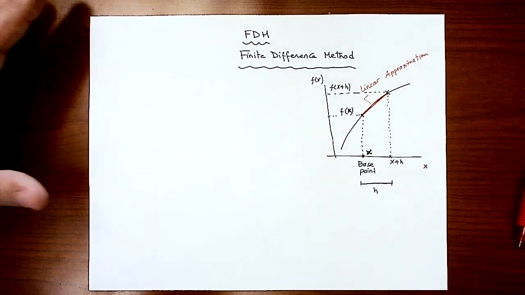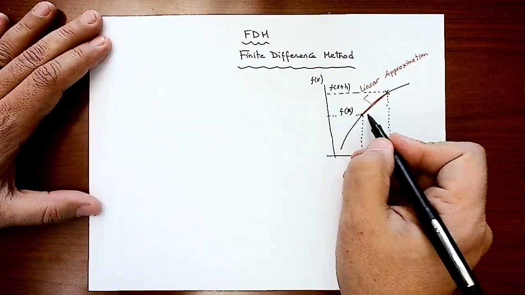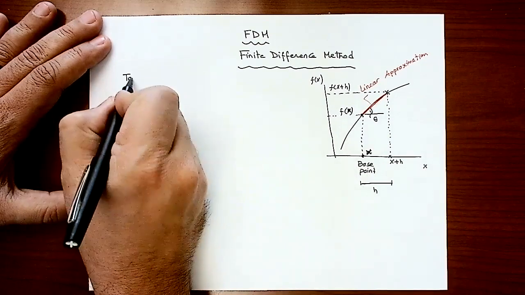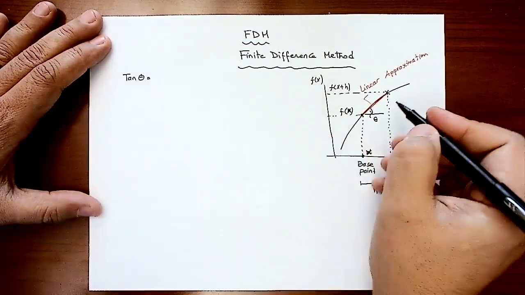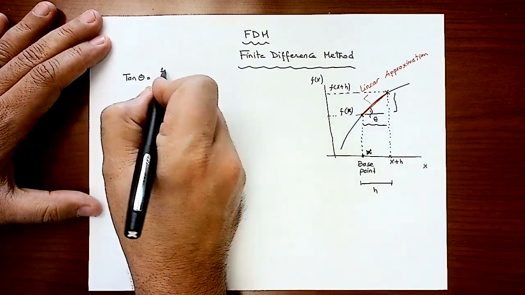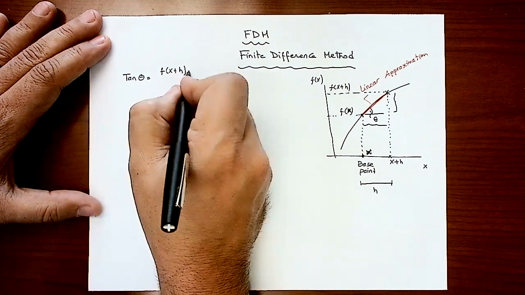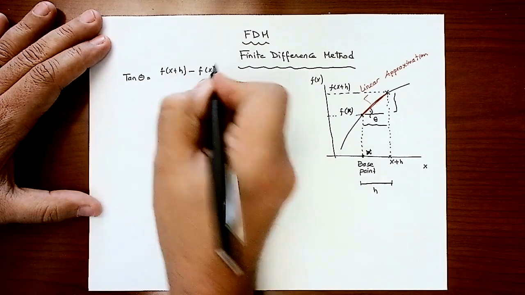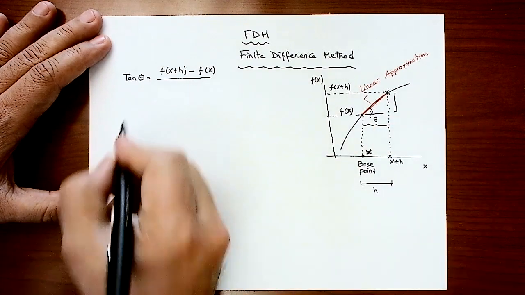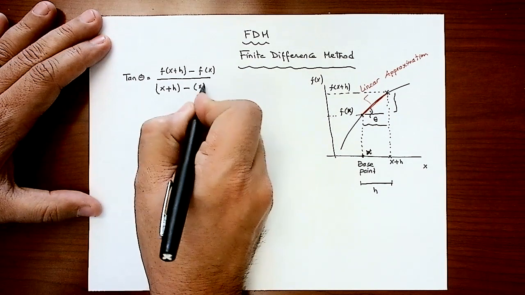Okay, since we have a linear relationship here, let's get the slope of that line. I will assume that line has a slope of theta. So tan theta would simply equal the height over the width. The height here would be the value of the function at the disturbed distance minus the function value at the base point, divided by the width here, which is going to be x plus h minus the coordinate x.